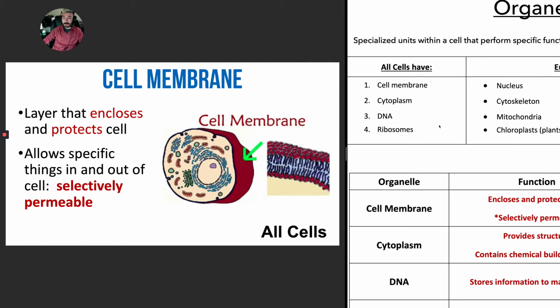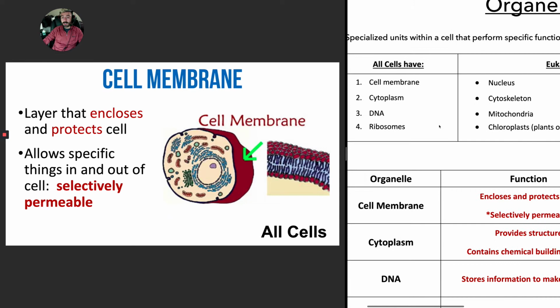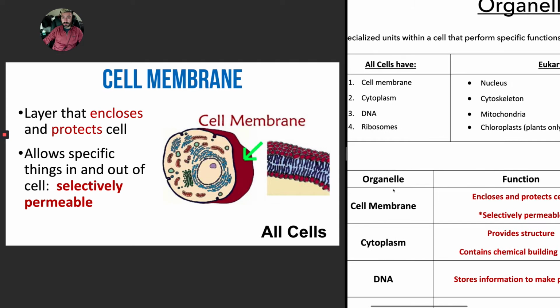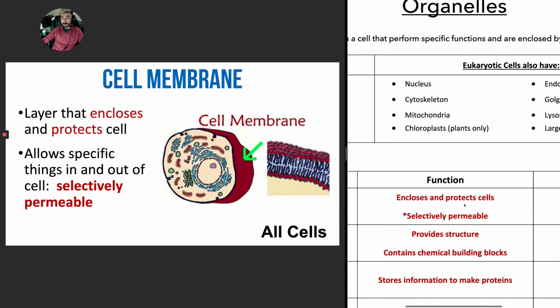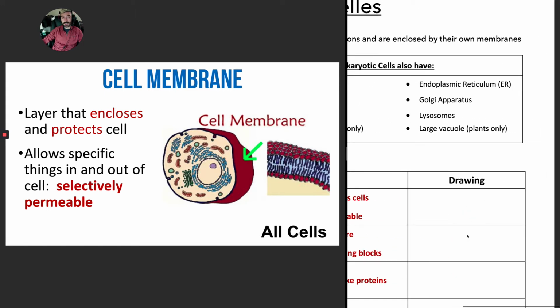If you're following along with me here on the notes, you'll notice that there's a column on the chart for organelles, which says each organelle's name. There's a function section and a drawing section. The drawing section, that's for you. If you've printed this out, you can just draw a little picture of what it is, just to help you remember.